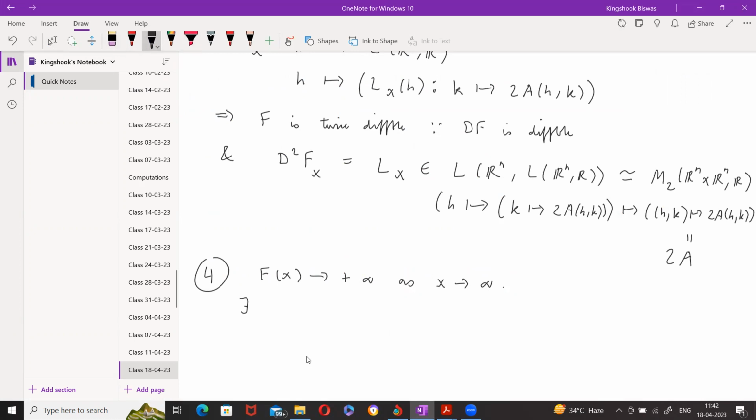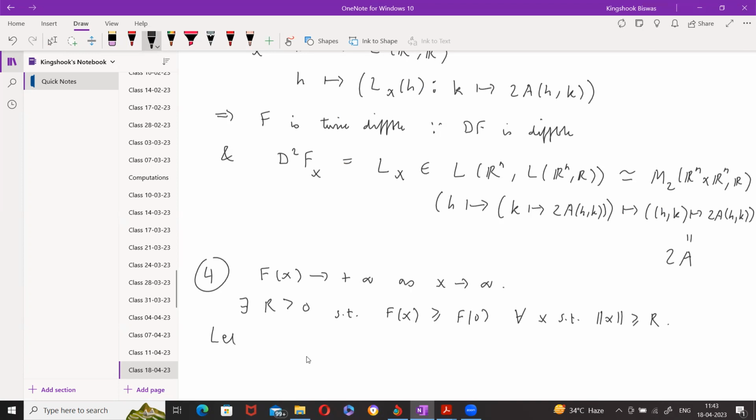So there exists an R greater than 0 such that f(x) is greater than or equal to f(0) for all x such that norm x is greater than or equal to R, because f(x) tends to plus infinity as x tends to infinity. All right.